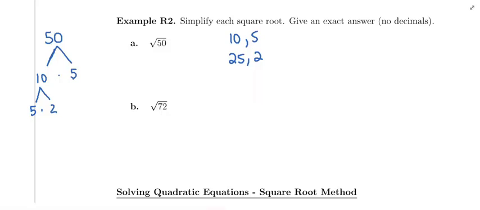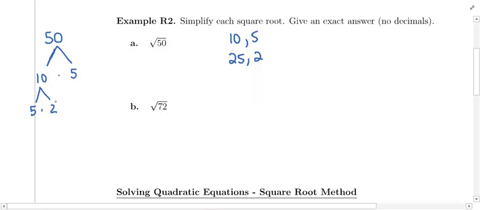You stop if the only way you could break it down would be the number itself and 1. You don't need to write that. So we're done here. Now we've got to check down here because we just wrote 5 times 2. We need to see if either of those breaks down. The only way 5 breaks down is into 5 times 1, so we're not going to write that down. The only way 2 breaks down is into 2 times 1, so we're not going to write that down.